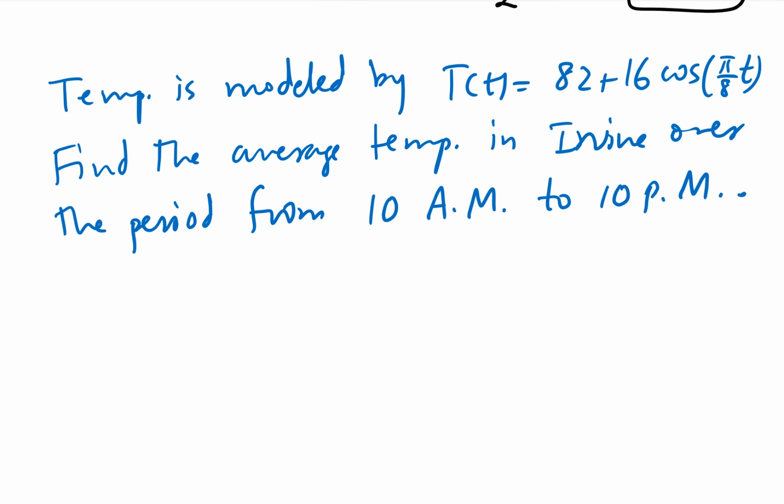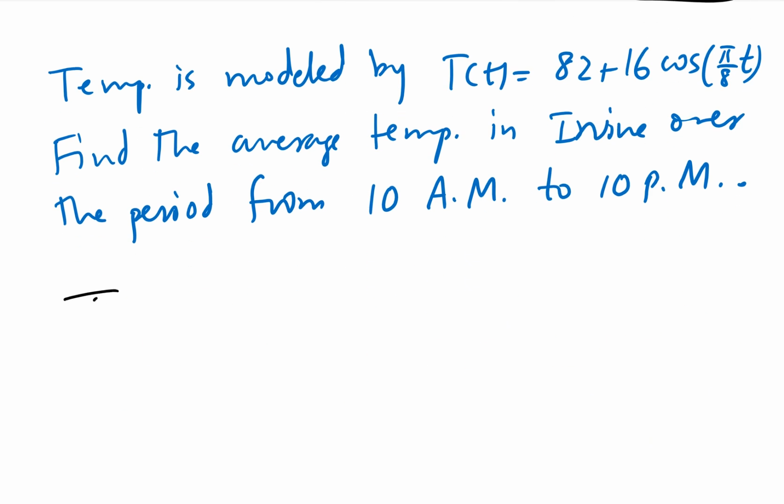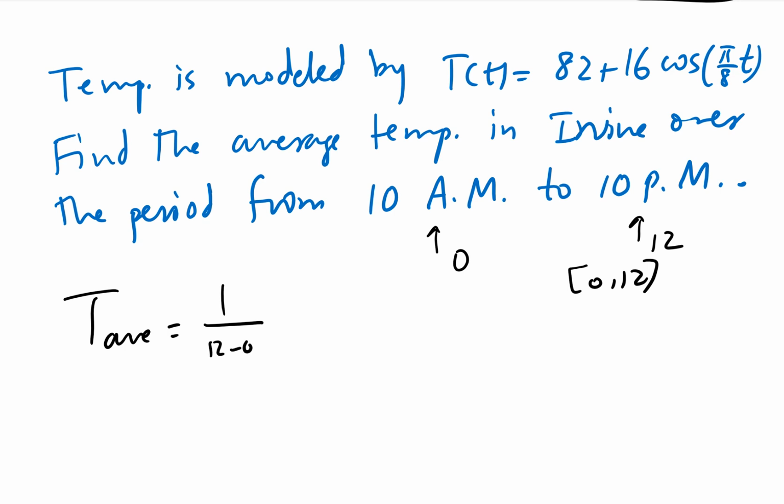So now, to find the average temperature, T average we call it, it's 1 over how many hours? Assume this is at 0. It starts at 0 and goes until this, that's 12 hours in total. So you go over the interval 0 to 12. So this would be 1 over 12 minus 0, the integral 0 to 12, right?